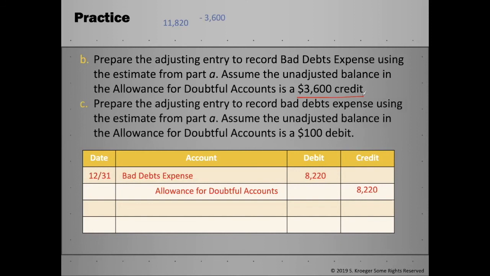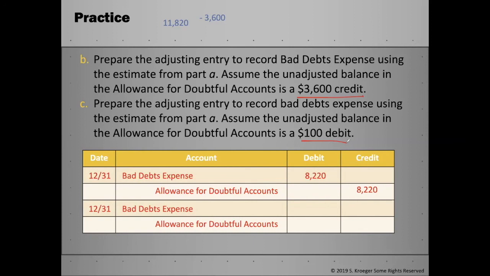Part B, same situation, except the balance in the allowance for doubtful accounts is a $100 debit. Once again, before we even calculate the amount, we can put in the journal entries because it's exactly the same. I do have a lot of students who always reverse this for some reason. It's exactly the same every time, regardless if it's percent of sales, percent of receivables, or aging of receivables.